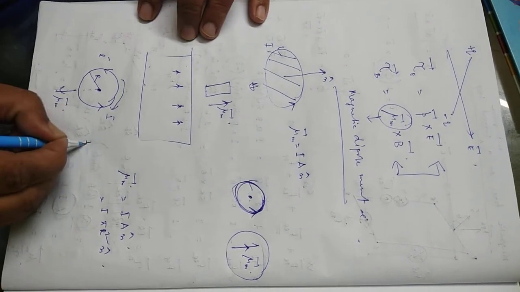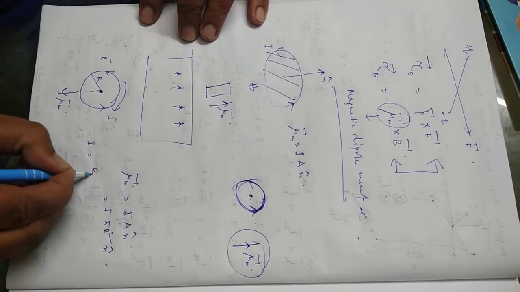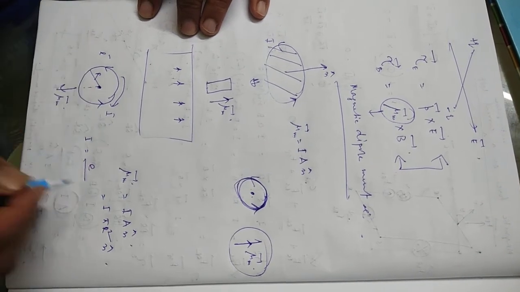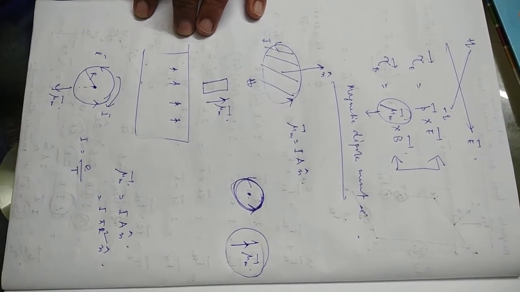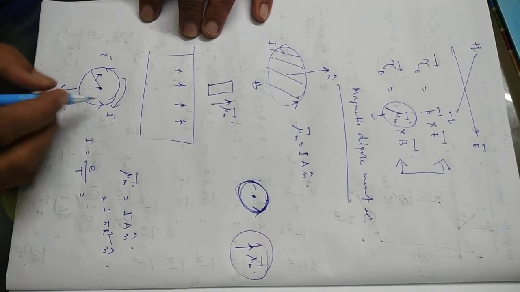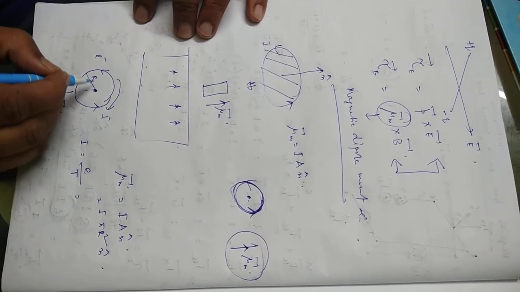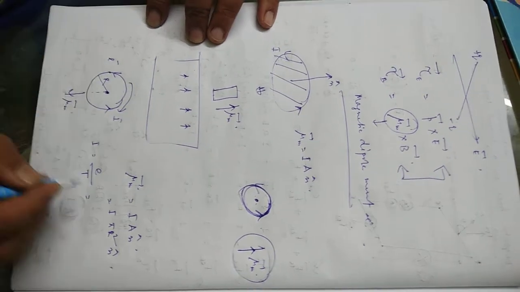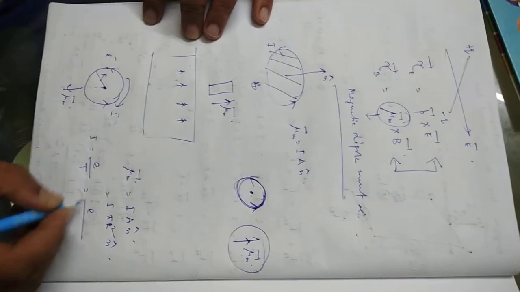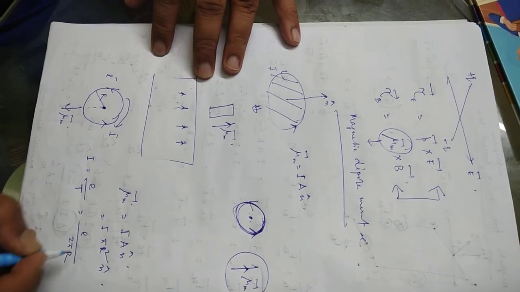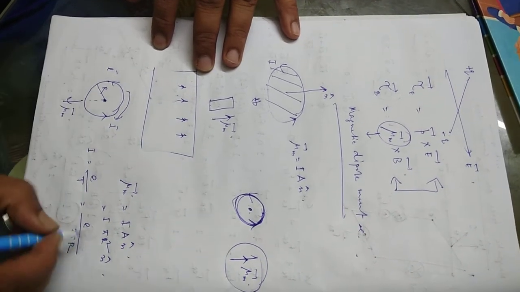What is I? I is basically e divided by the total time it takes, e by T. I equals e by T, where T is the time period, that is, how much time the electron takes for one complete revolution. So e by T will be equal to e v by 2 pi r, if v is the velocity of the electron.